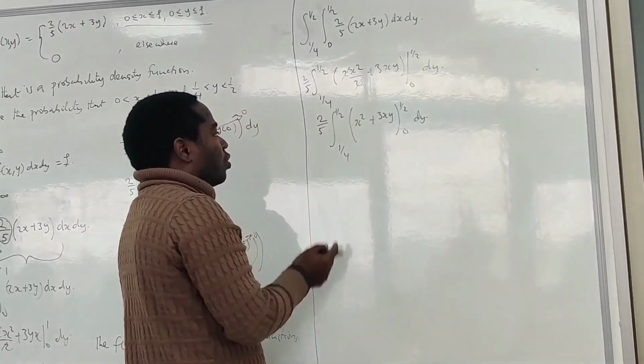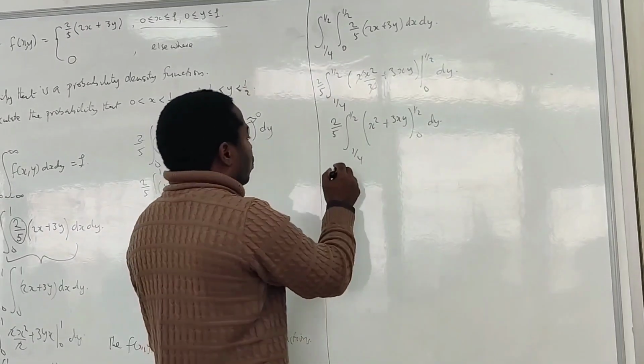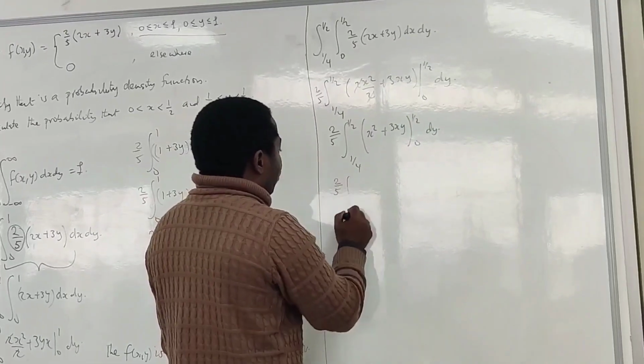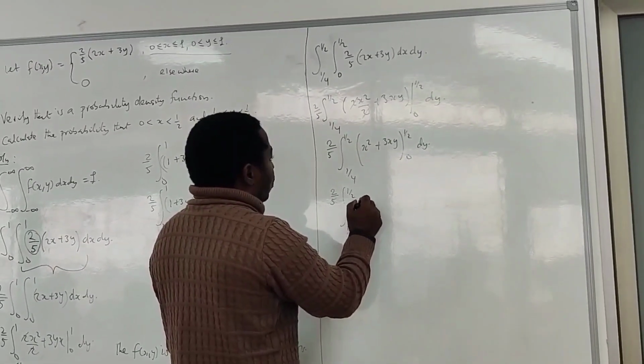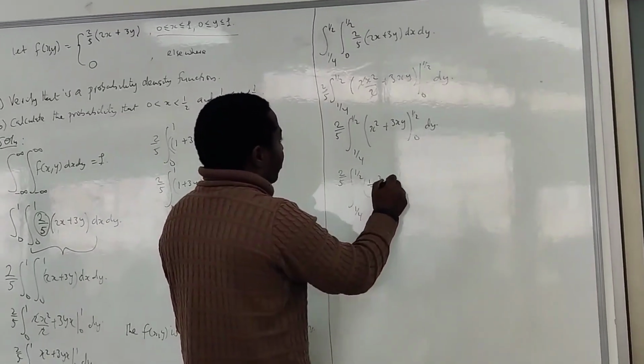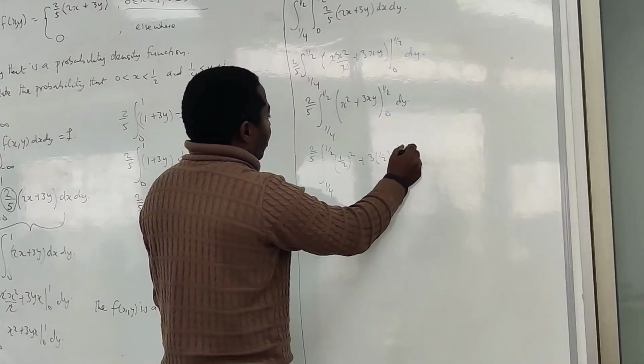If we substitute half, the upper limit of integration, we will be left with 2 over 5 into the integral from 1 over 4 to 1 over 2 of 1 over 2 squared plus 3 times 1 over 2 y.